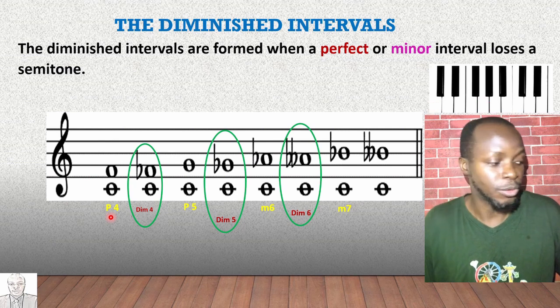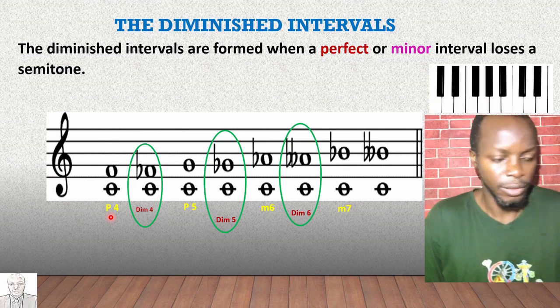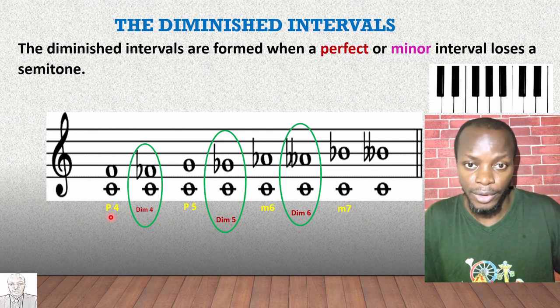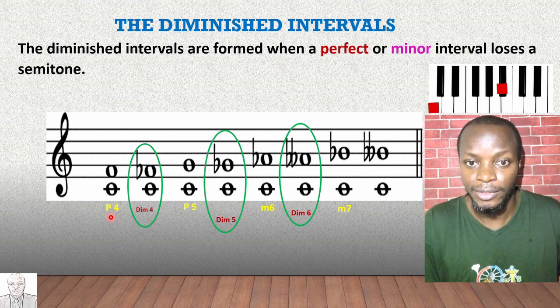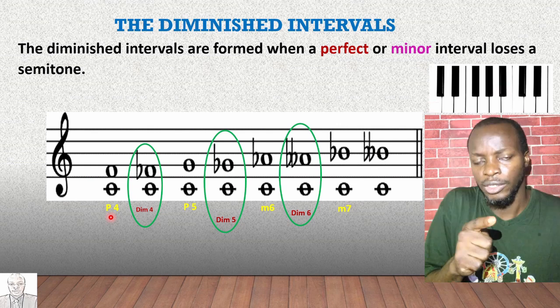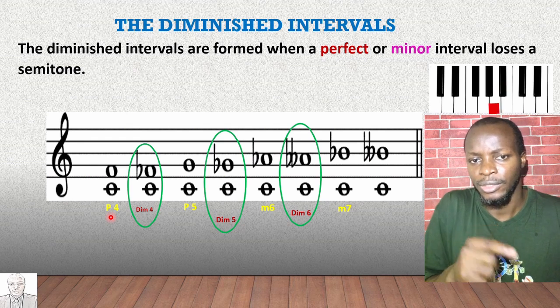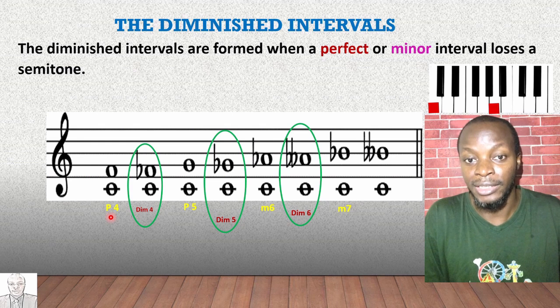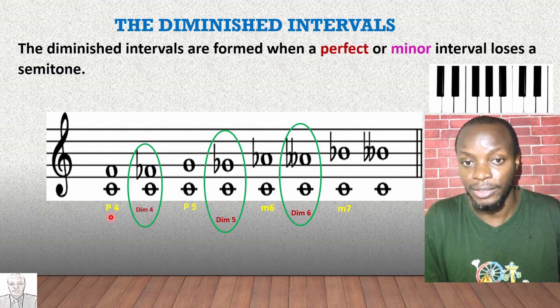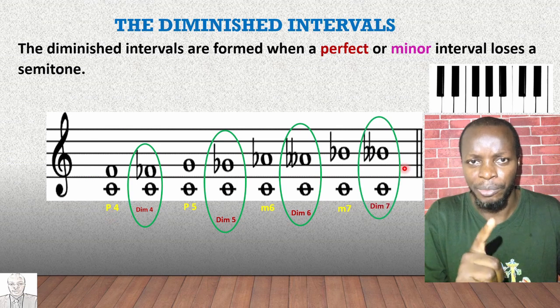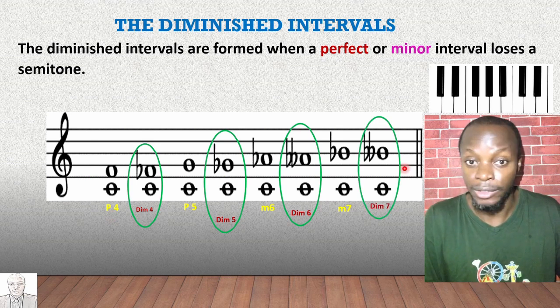Beautiful. Alright, now let's go to a minor seventh. Do, te, right? That is a minor seventh. But when you reduce this interval by a semitone, then you have a diminished seventh, right? And again, it's not performing the function of a major sixth here, right?